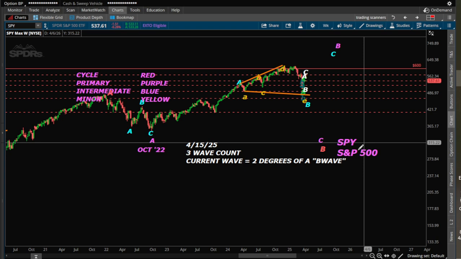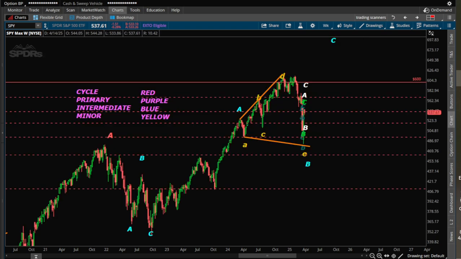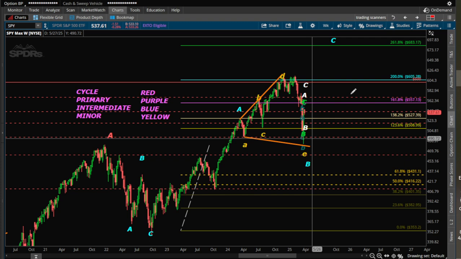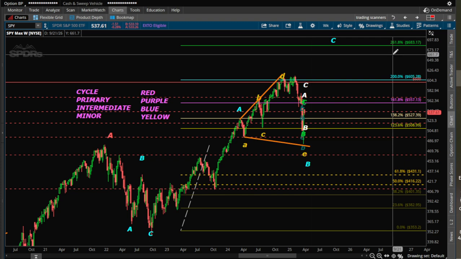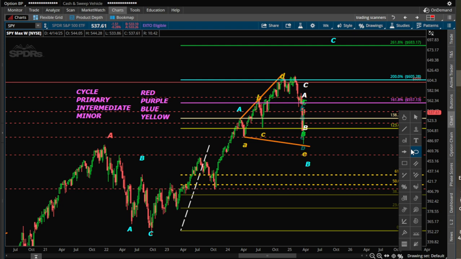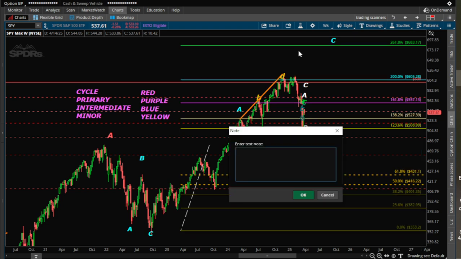And let me get an exact measurement off of that real quick. So 683. $683. That's on this SPY.